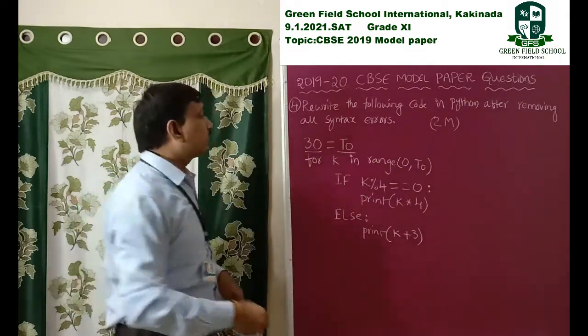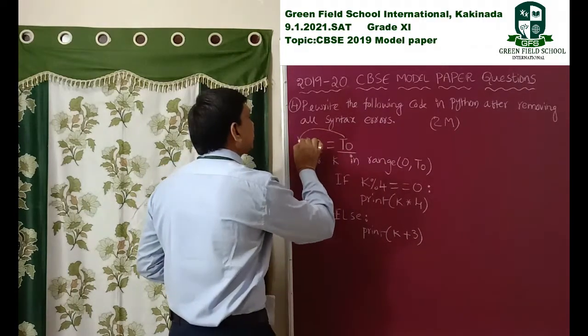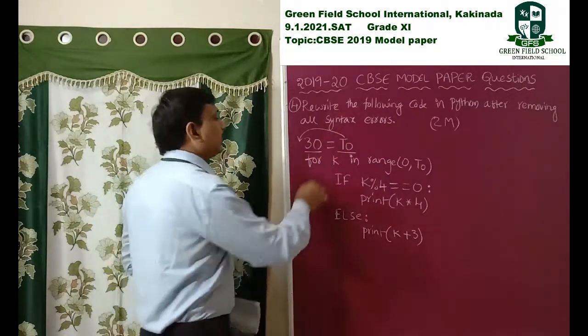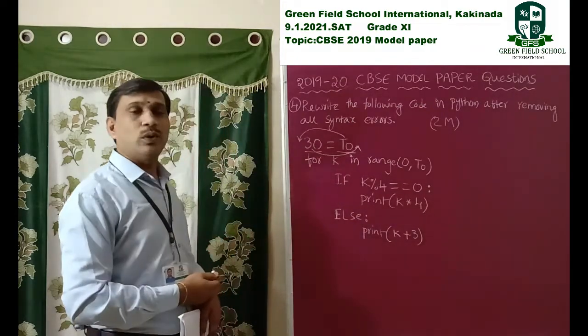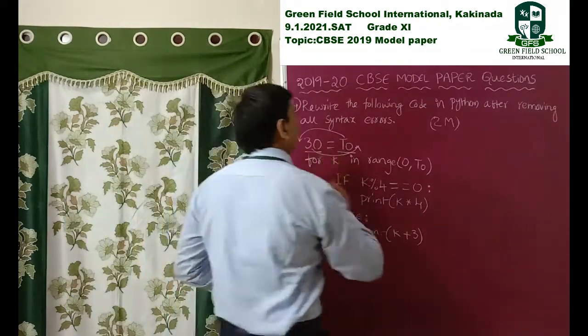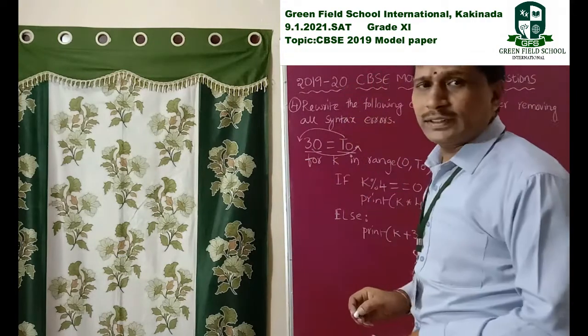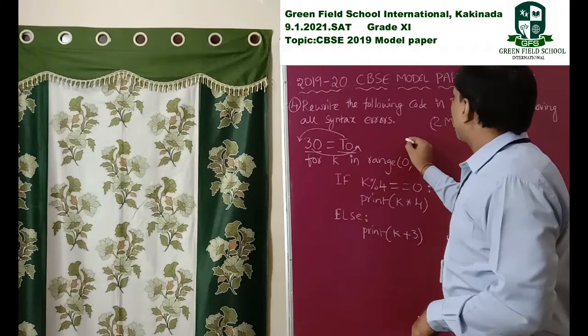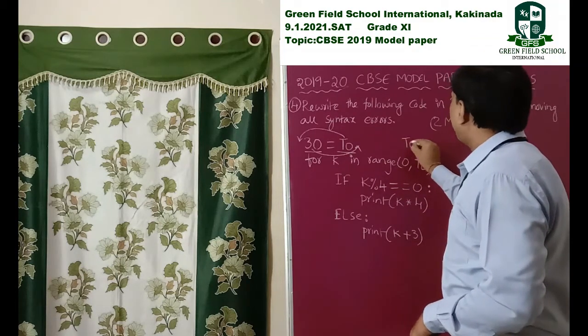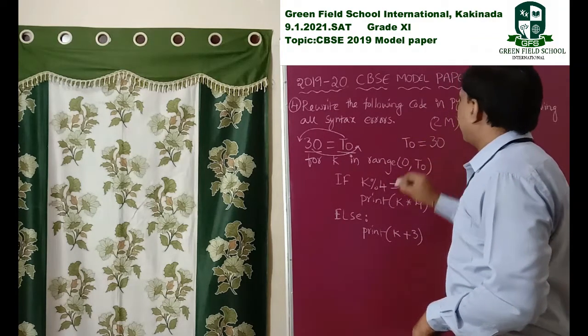Why? Because this is a variable, we provide it on this side and the value on this side. So when we are correcting this code line, this is one error and this is also one error. The corrected code is 2 is equal to 30.